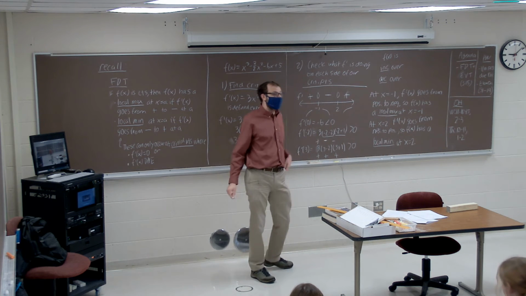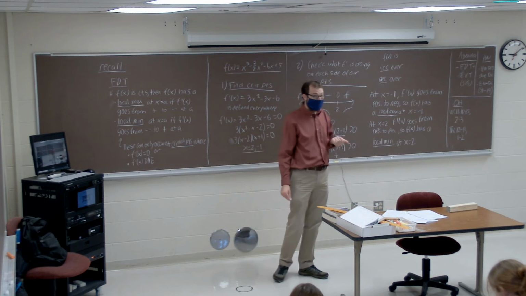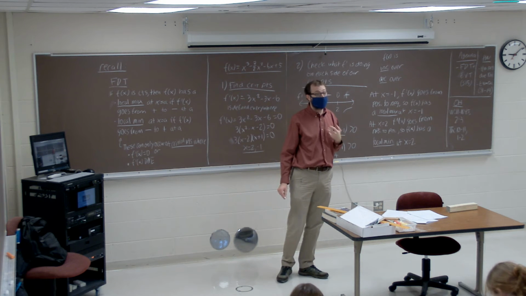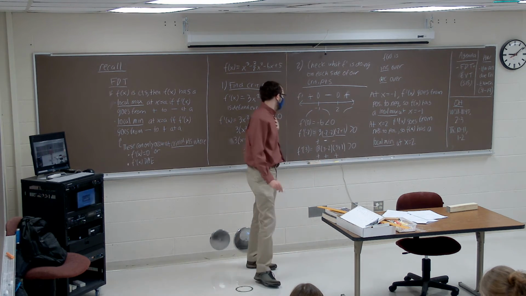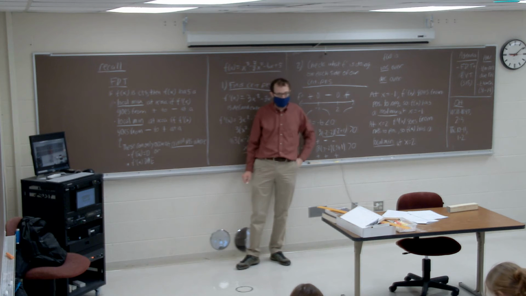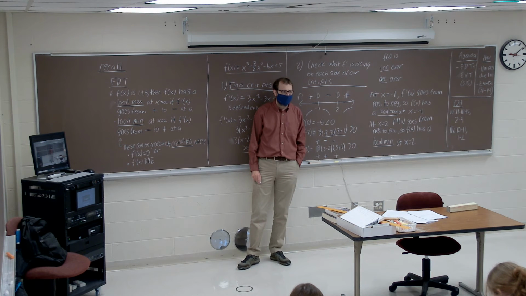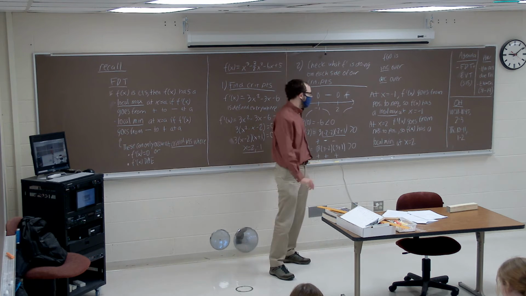Keeping in mind that f of x is going to be increasing, meaning it gets bigger from left to right, anywhere that our first derivative is positive, and it's going to be decreasing anywhere where our first derivative is negative. So with that in mind, Josh, where is our function going to be decreasing?